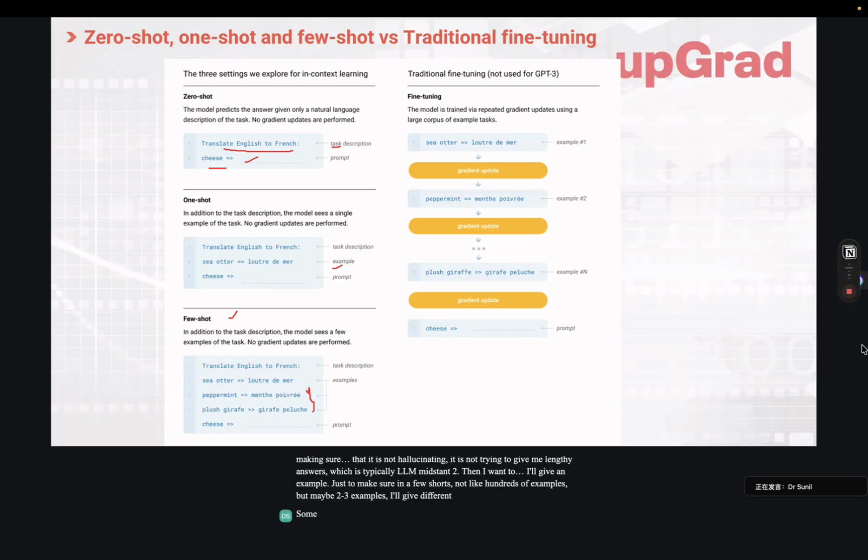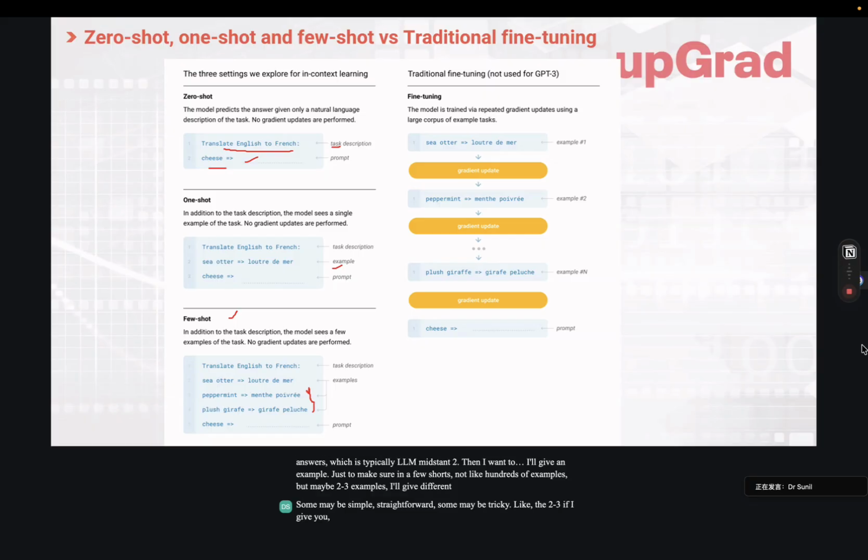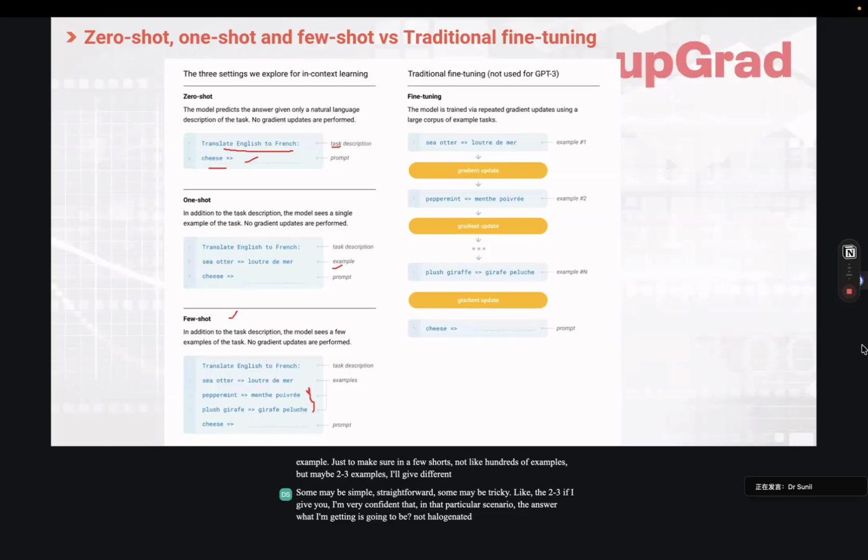Some may be simple and straightforward, some may be tricky. If I give two, three like that, I am very confident that in that particular scenario, the answer I'm getting is not going to be hallucinated and will be more acceptable and more robust.